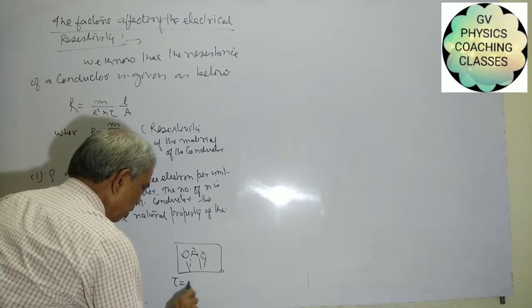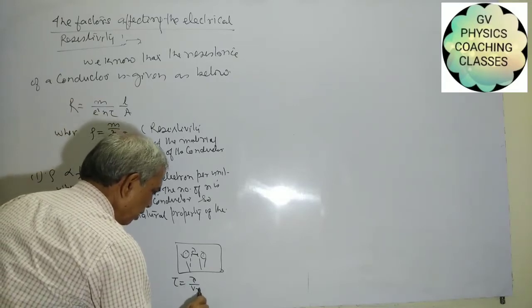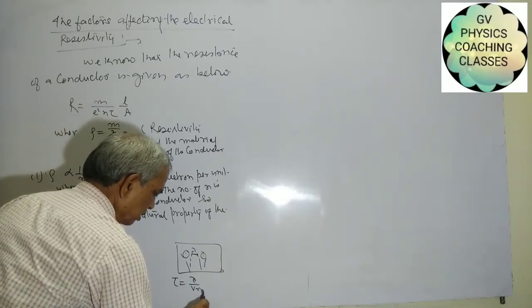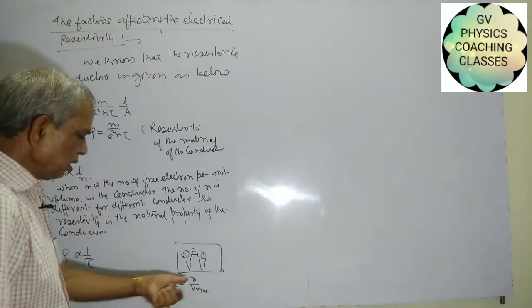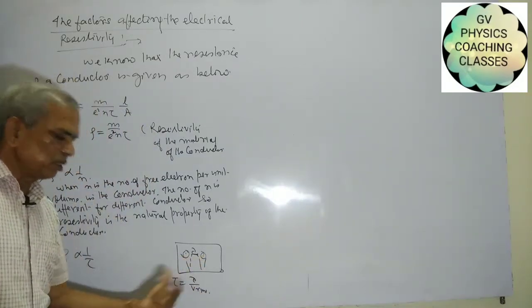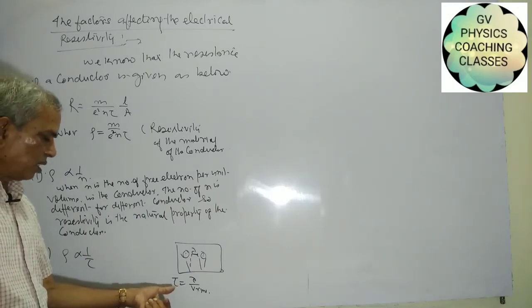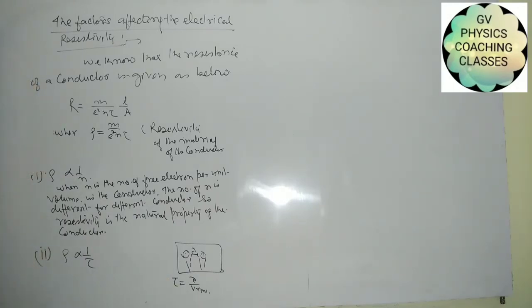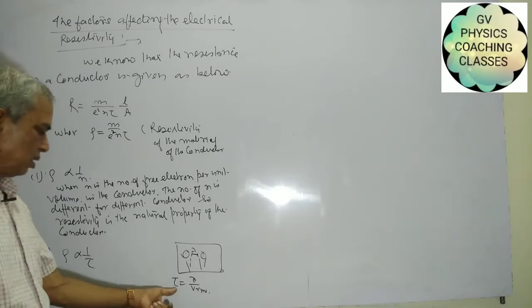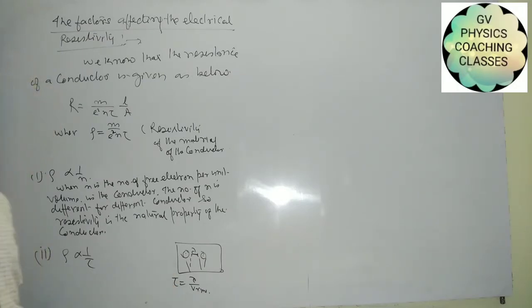So tau is equal to mean free path upon v rms. On increasing the temperature, the free path decreases, hence lambda also decreases, or this relaxation time decreases. If this decreases, then resistivity increases. It means resistivity is directly proportional to the temperature.